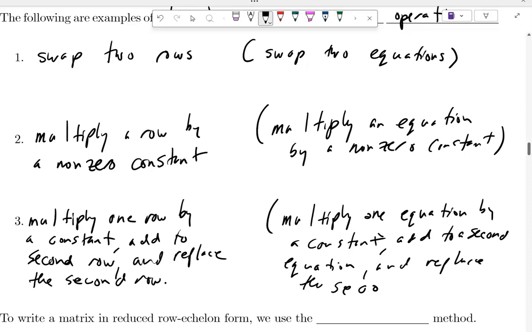Okay, just like what we talked about for equations, this third type of row operation does not change the original, that first row that you multiply the constant by. Only one row is getting changed. The only reason why I put these in parentheses on the side is because we've already talked about doing these things for equations, right?